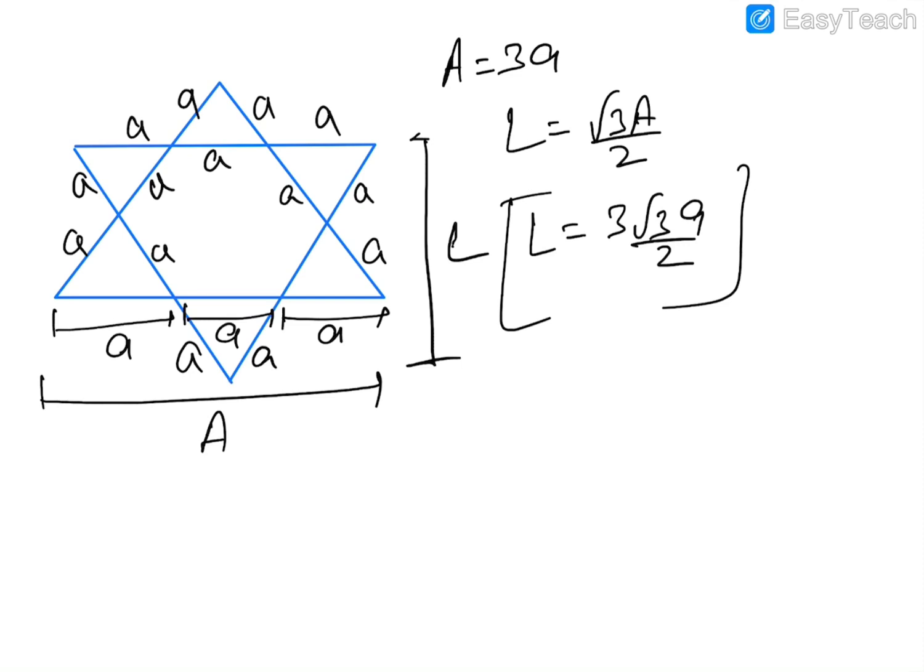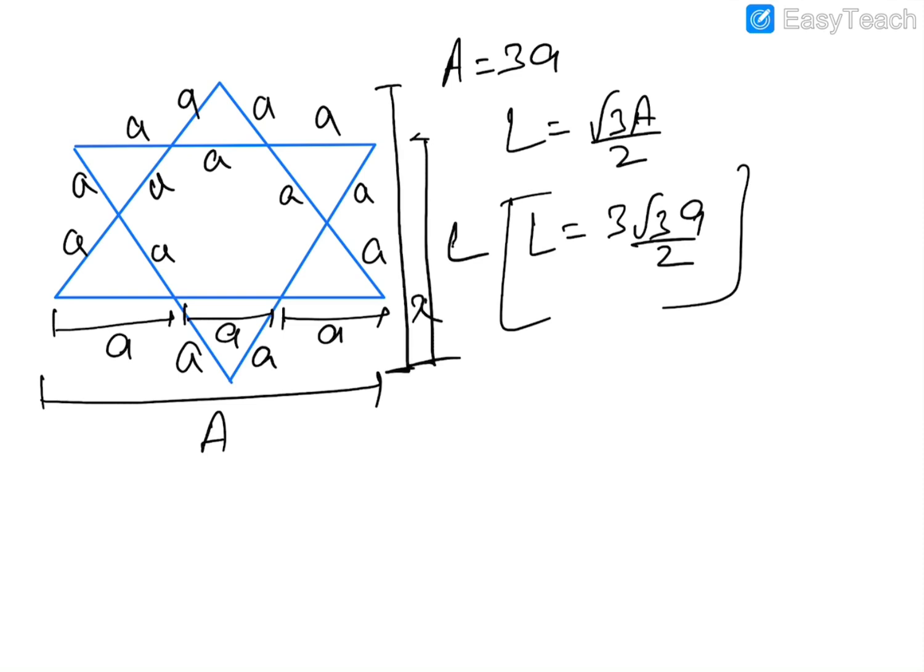So this is L, and this complete area would be the area of two triangles minus the overlap. Now we do not have to find the area, in fact we can find the value of x directly. So x would be this one.